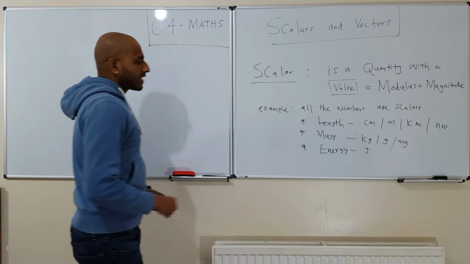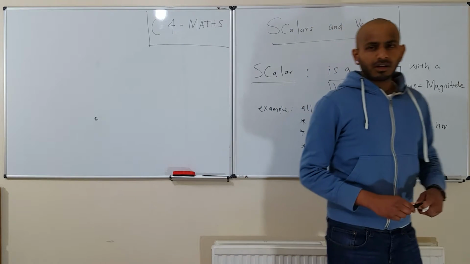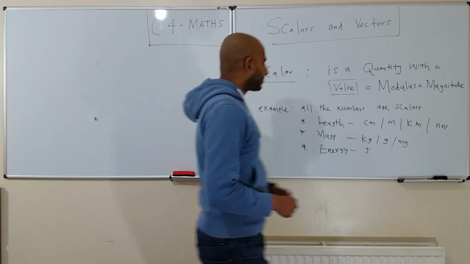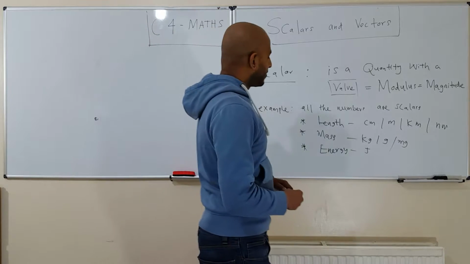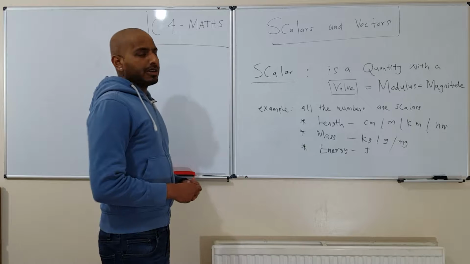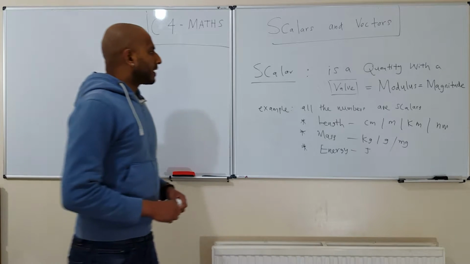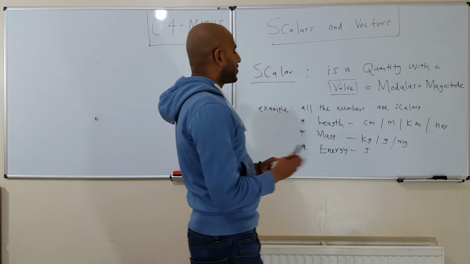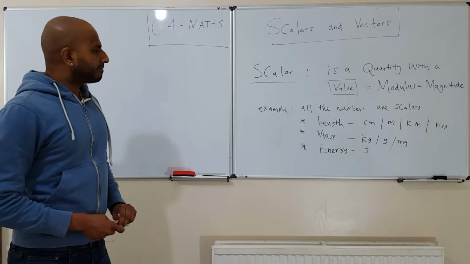There are some other ones as well, for example speed is also a scalar. In physics, current is a scalar too. Pressure is a scalar. However, we are not really going into all these details because this is pure mathematics, so we are limiting ourselves to a general idea. That's all about scalars.